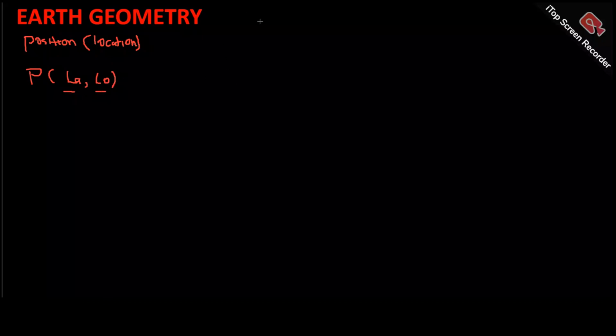So it's more like x, comma, y, the same thing we were doing in the x-y plane. The x is the latitude and the y is the longitude. Then from there, you're supposed to know how to find the difference.